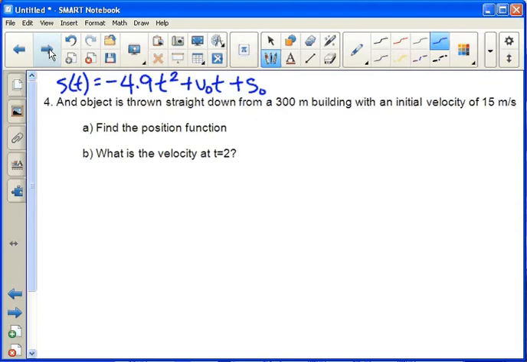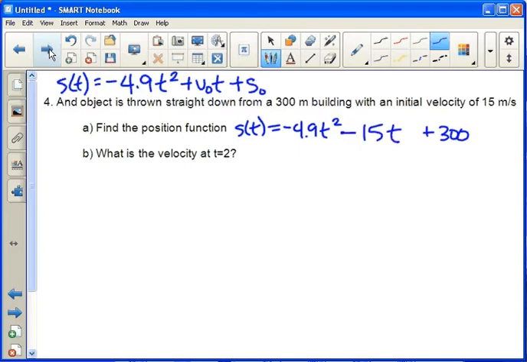It says it's thrown downward with an initial velocity of 15 meters per second. Since it's thrown down, that initial velocity is negative 15, or negative 15 t. So if it's thrown downward, it's going to have a negative sign.